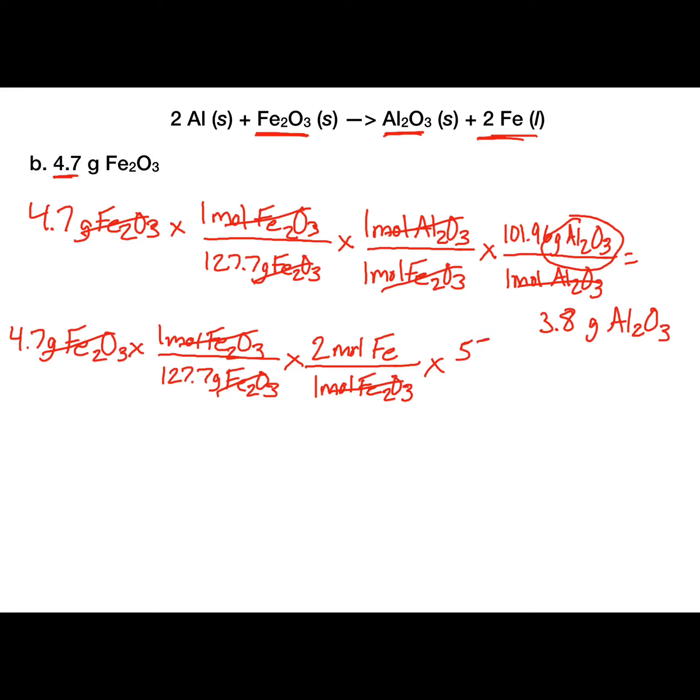So we do 55.85 grams of iron in 1 mole of iron. Okay, our moles cancels out and we're left with grams of iron. So we plug this into our calculator. 4.7 times 2 times 55.85 divided by 127.7, and we get 4.1 grams of iron. Now we know this is 2 sig fig, since our initial number is 2 sig fig.